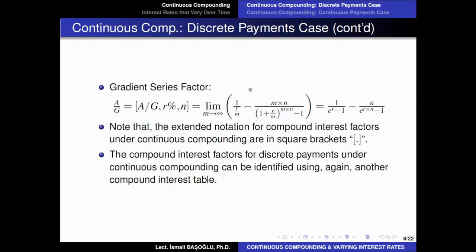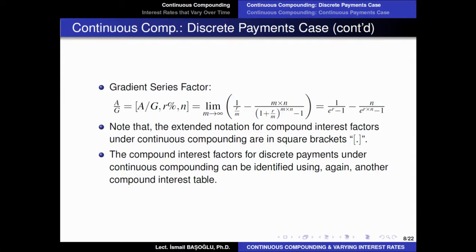First, we are assuming that the number of compounding periods in a year is larger than 1, so basically the compounding periods are smaller than a year. In that case, we were replacing the interest rate with an effective interest rate of r over m, and we were replacing the number of compounding periods in the investment horizon with m times n.